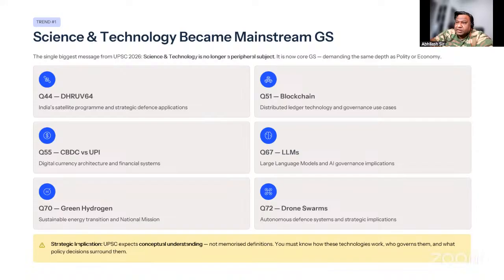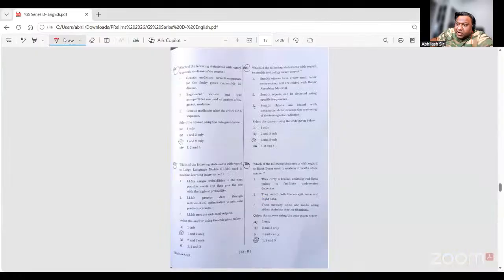67 क्वेश्चन जो है ऊपर, this is about which of the following statements with regard to LLM large language models used in machine learning is correct?